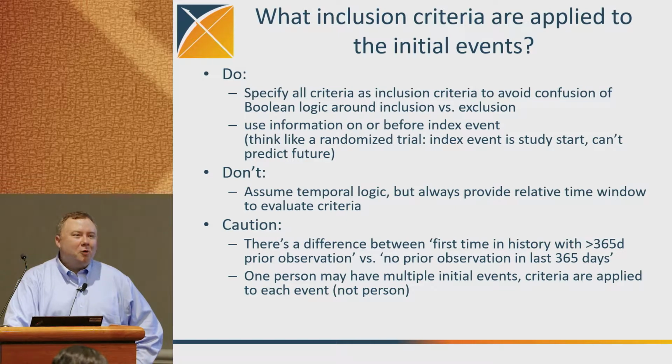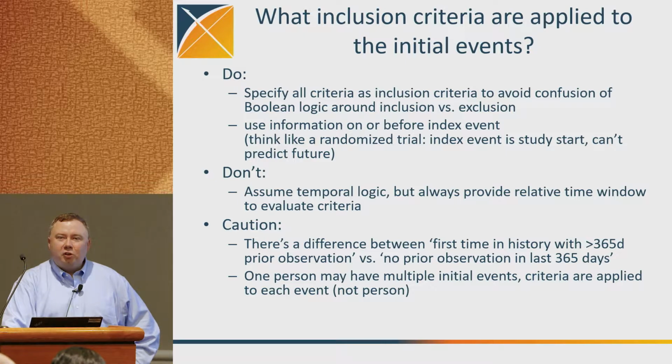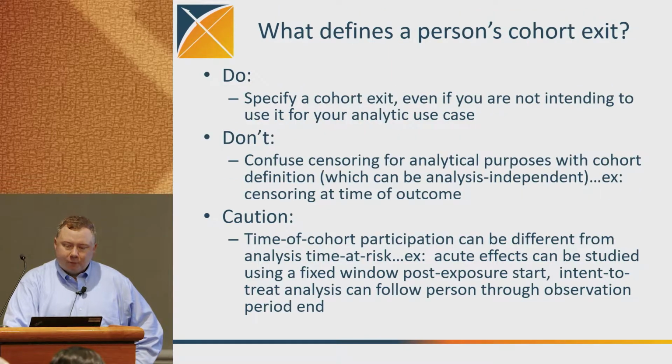How does a person qualify for a study? You only get to know about the information about a person up to that moment that they're being screened. You don't get to know about the future. And so you should think about that as a design principle that you follow. Do not assume temporal logic. Always explicitly define the time windows that you're going to use. And that's important there.